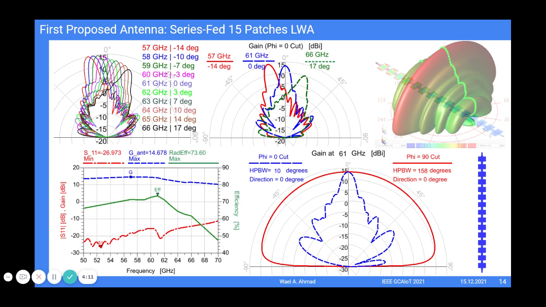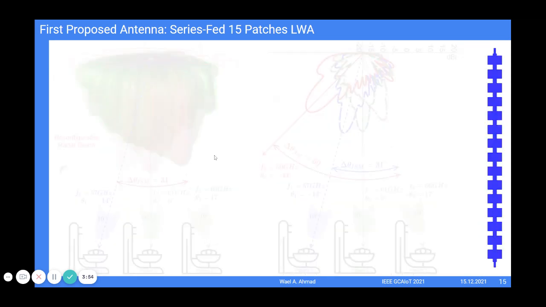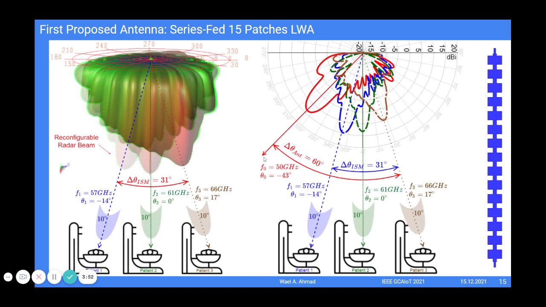The antenna bandwidth is much wider than the available ISM bandwidth. It covers from 50 to 70 GHz with a peak gain as high as 14 dBi and a radiation efficiency as good as 70%. So the antenna bandwidth alone can cover 60 degrees scanning range, but the ISM band only 31 degrees.